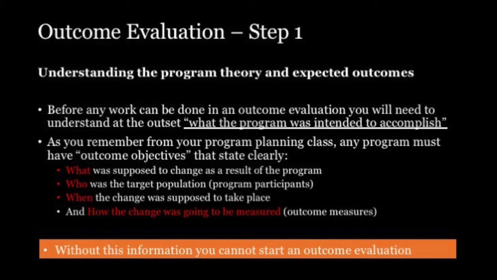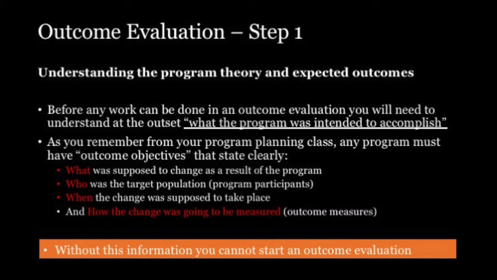The first one is understanding the program theory and its expected outcomes. Well, before we can do any work in an outcome evaluation, we need to understand at the outset, what was the program intended to accomplish? Why do we have this program in place?